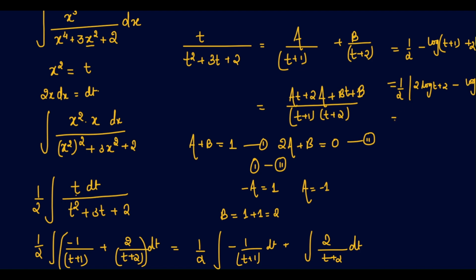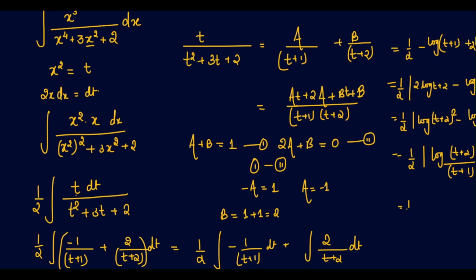Once you solve, you will get half of log of t plus 2 to the whole square minus log of t plus 1. Once you solve, you will get it equal to half log of t plus 2 to the whole square over t plus 1. Now let's substitute the value of t.